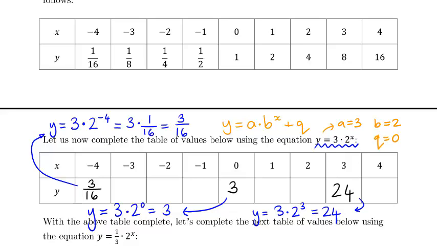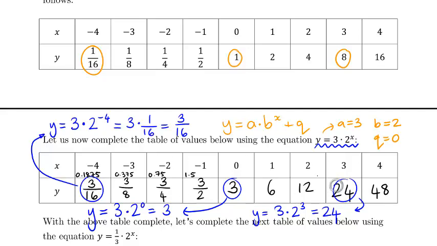We used to have in our classic version an 8 over here, a 1 over here, a 1 over 16 over there. Because what did we do? 2 to the 3, 2 to the naught, 2 to the minus 4. But now we're taking that 2 to the power and timesing it by 3. So every single time the answers are 3 times as big. 8 times 3, 24. 1 times 3, 3. 1 over 16 times 3, 3 over 16. So in that way, working out the rest of these y values should actually be really, really easy if we notice that they're just 3 times as big as what they used to be.